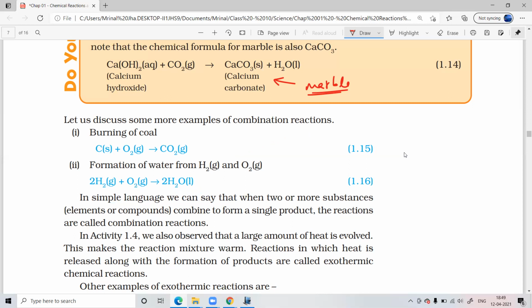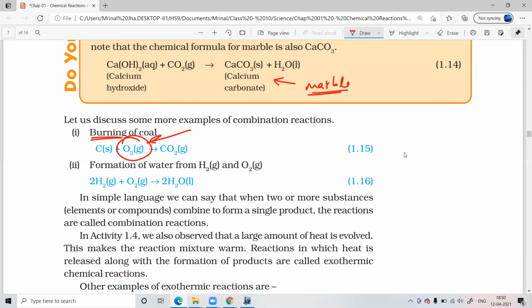Okay, stop for a moment. In simple language, these examples are very simple, right? When I'm saying burning of coal, coal is made up of carbon. That's why when they say burning of coal, they are making the reaction with carbon. Whenever we say burning, I had said this in your previous classes also, burning means reaction with oxygen. Keep this idea in your head very clearly.